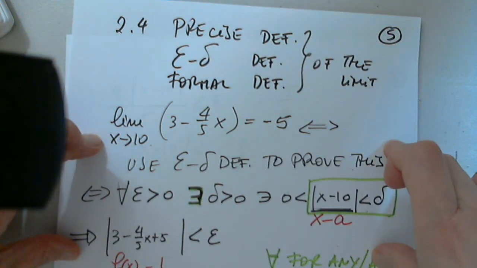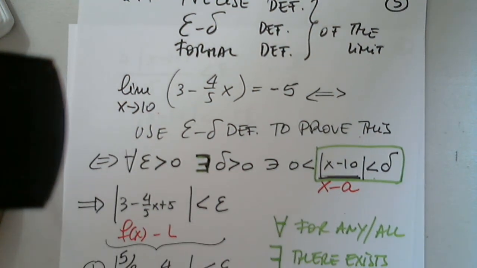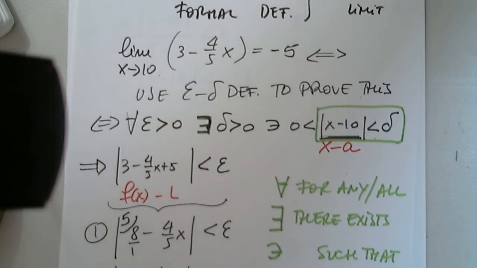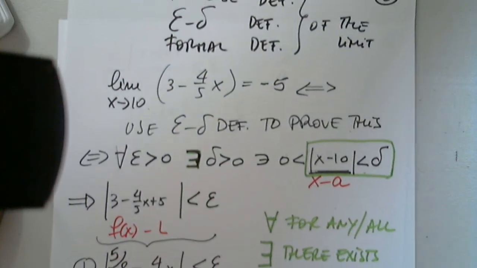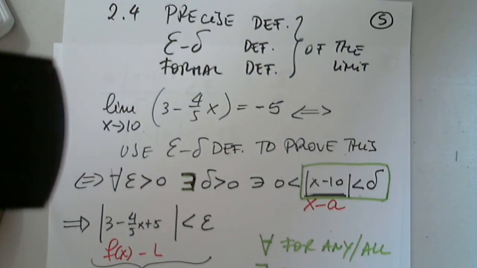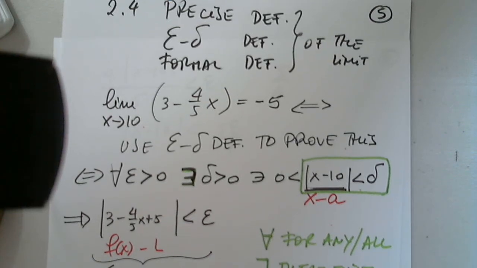I have a question I think might overlap with his. Yes? This part right here at the end of the formal definition, which you have boxed in the green square, could you read that to me? I understand you're saying every epsilon greater than 0 has a delta greater than 0.